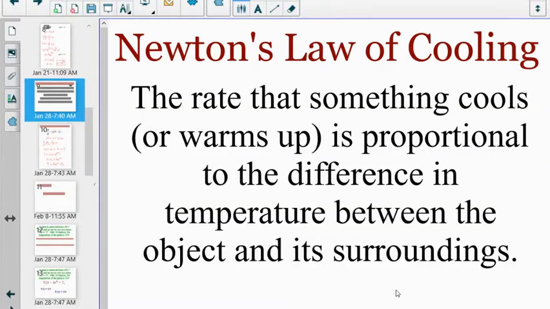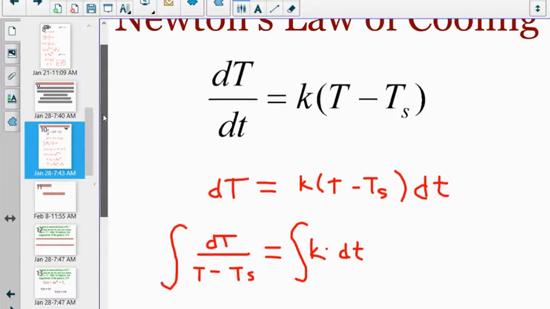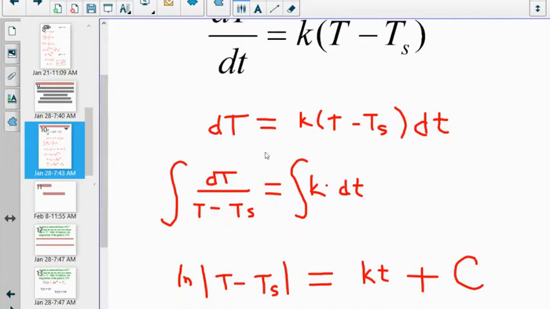All right, so Newton's law of cooling, we've mentioned already, so I won't spend too much time with the derivation. On Thursday, we used the differential equation: rate of change of temperature is proportional to the difference in temperature between the object and the surroundings. Separation of variables, we brought all of the uppercase T, the temperature, to the left side, lowercase t's to the right side.